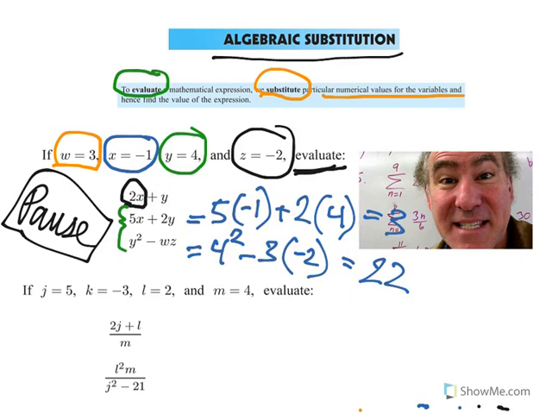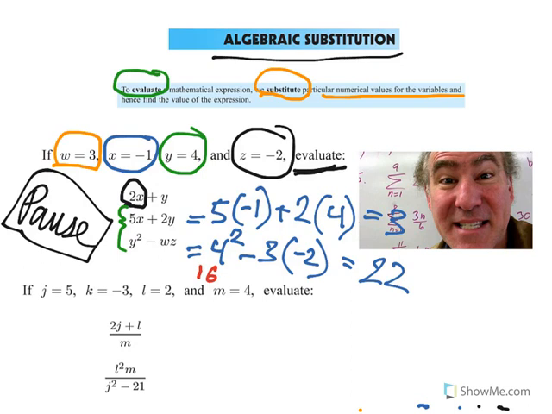Now the second one is maybe a little complicated for you. y squared, y is 4, so y squared would be 16, correct? I'm going to write it in red here. Now we have 16 minus w, w is 3, and z is negative 2. So that's going to be minus 3 times negative 2. You have two negatives, and when you multiply them together, you get a positive.